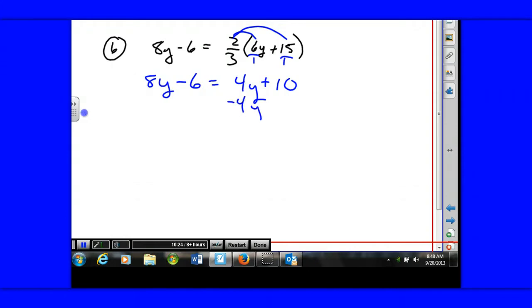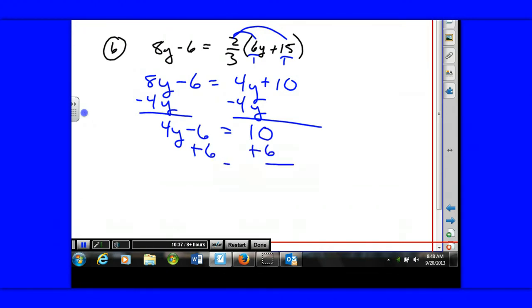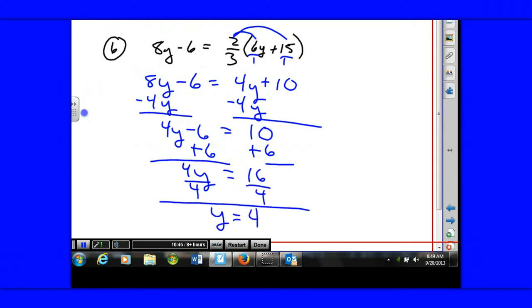I'm hoping you moved them to the left side because 8y's are greater than 4y's. And we have 4y minus 6 equals 10. You simply add your 6 and 4y equals 16. Using division property of equality, y equals 4.